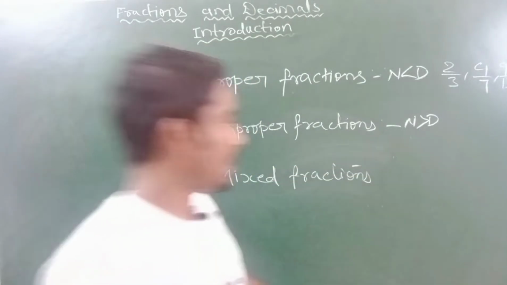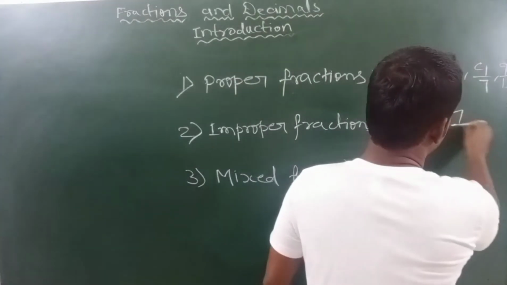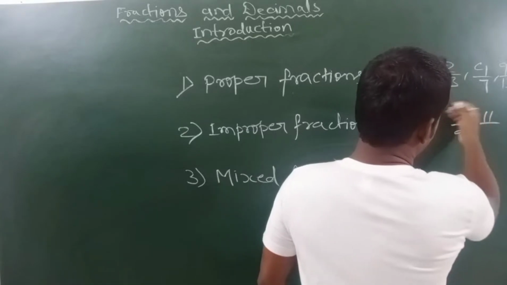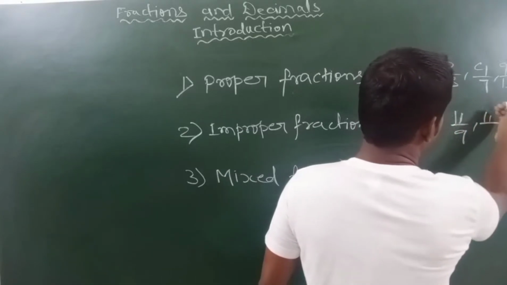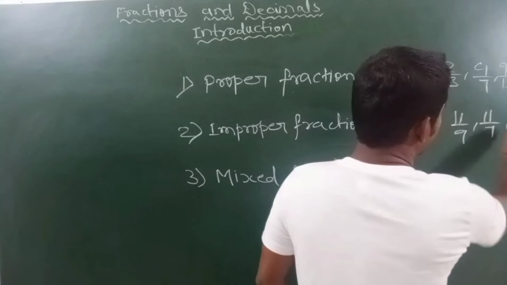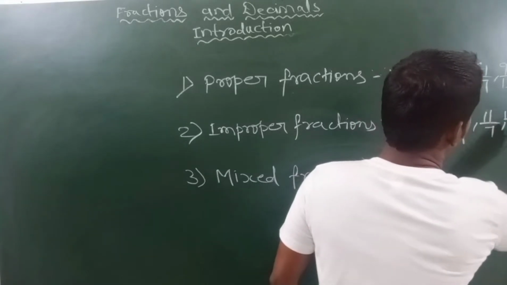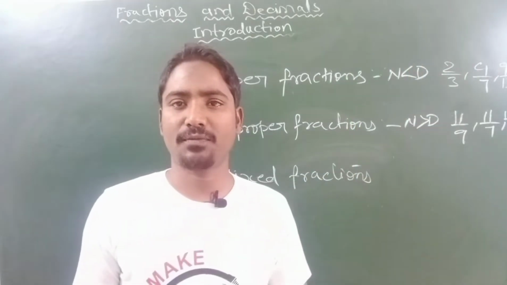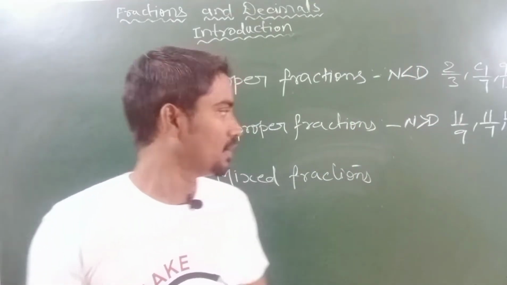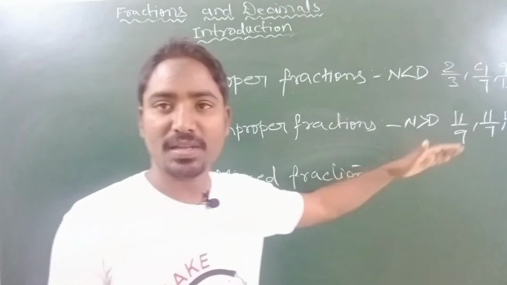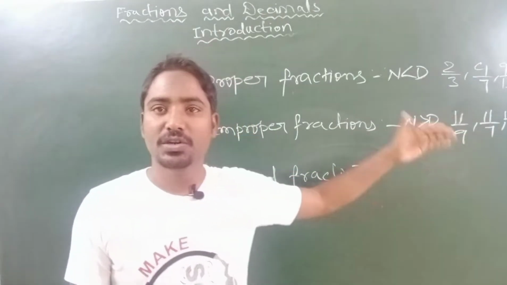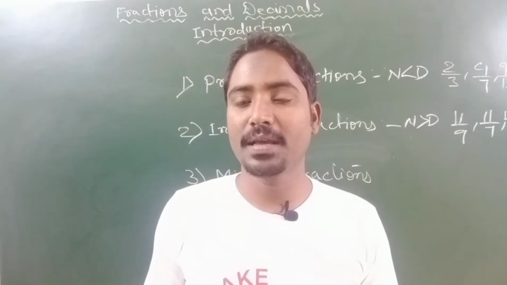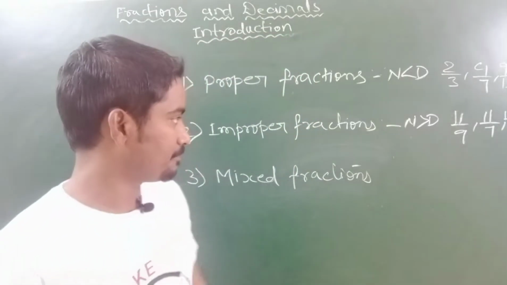For this we are having a number of examples, students, like 7 upon 4, 11 upon 9, 11 upon 7, 13 upon 4, and you can consider a number of examples from your side also. Just keep in mind that in this case numerator will be greater than the denominator.